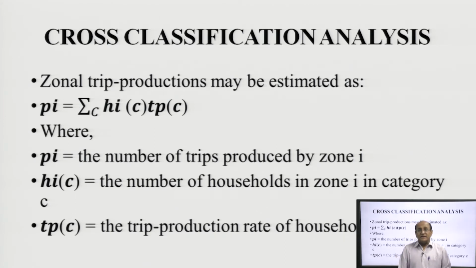Here c means the category. TP(c) is the trip production rate of household category c.